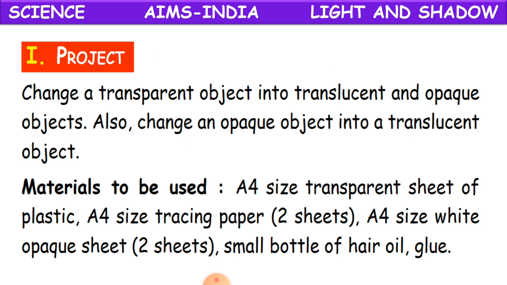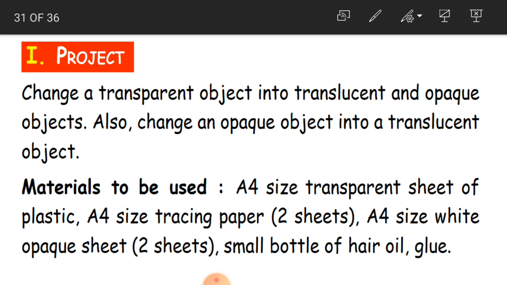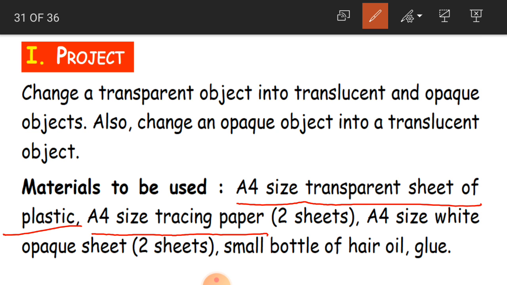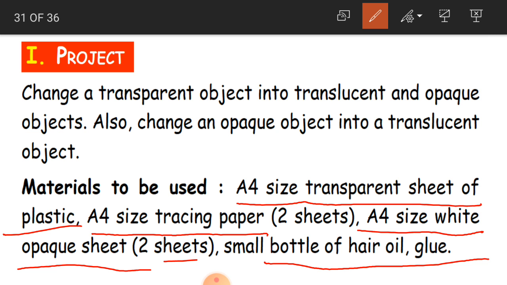The materials to be used are an A4 size transparent sheet of plastic, A4 size tracing paper, that is 2 sheets, A4 size white opaque sheet, that is 2 sheets, and a small bottle of hair oil and glue. Okay.